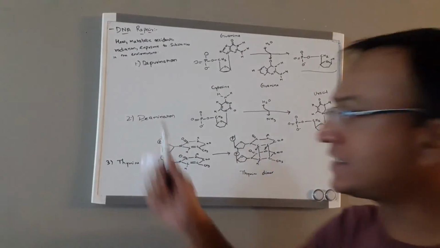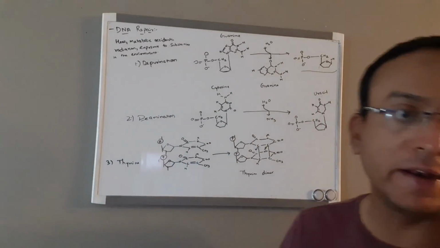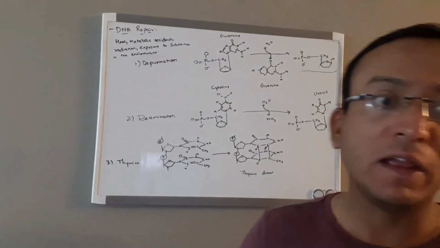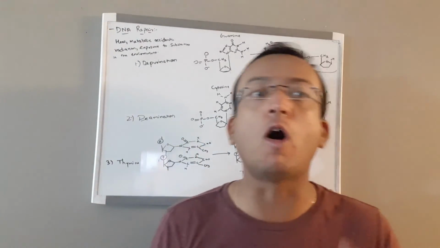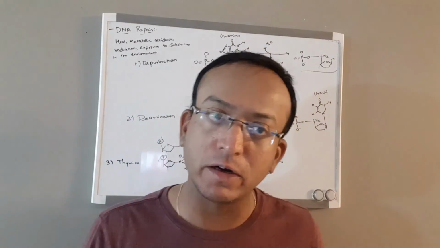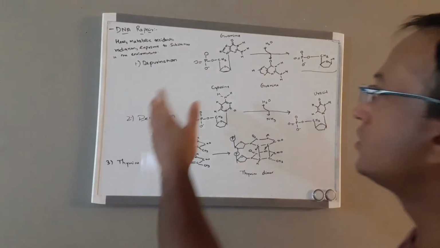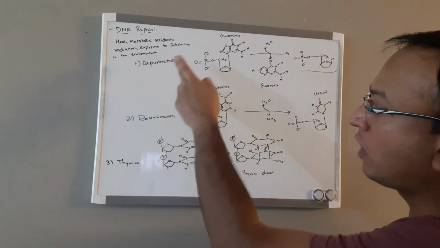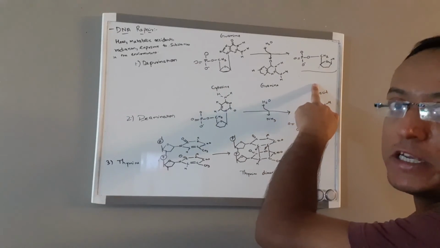Most of these changes, depurination, deamination, or thymine dimers, would be expected to lead either to the deletion of one or more base pairs, or to a base pair substitution in the daughter DNA chain. For example, if this is not repaired, when the DNA is replicated it will be missing a base pair.